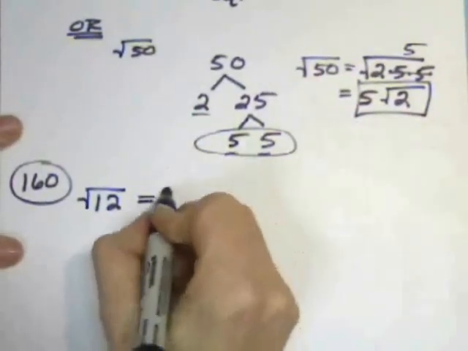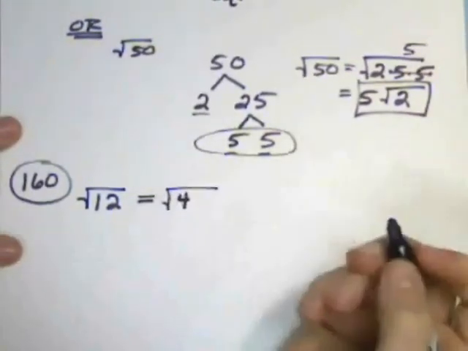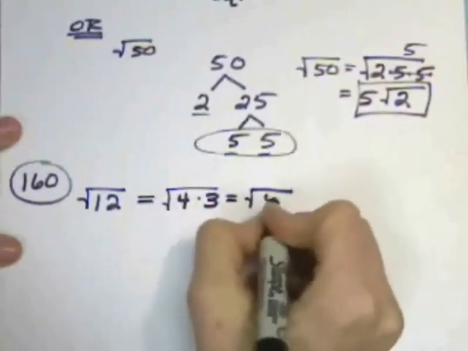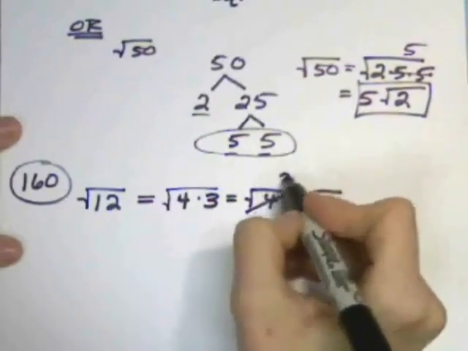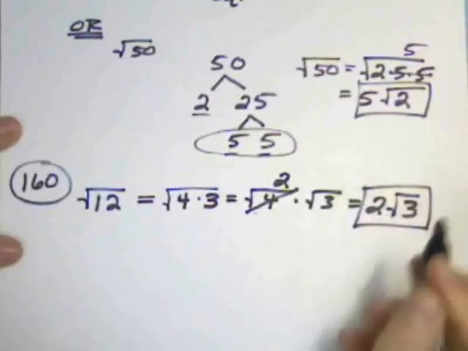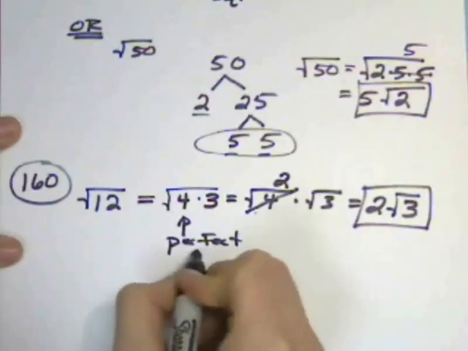Can I rewrite this as two numbers multiplied where one number is a perfect square? Sure. In 12, I have a 4. That's a perfect square times a 3. And I can rewrite that as square root of 4 times square root of 3. Remember, the square root of 4, that's a 2. So I'm getting 2 square root of 3. So if you're comfortable thinking of perfect squares and just breaking it up, this right here is your fastest method.